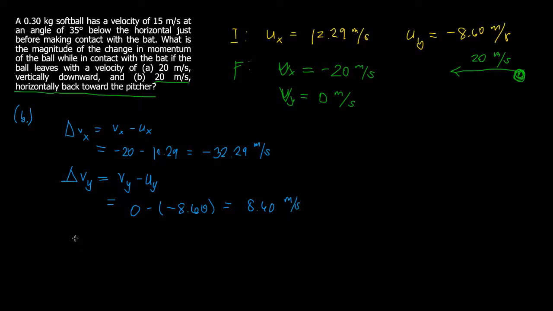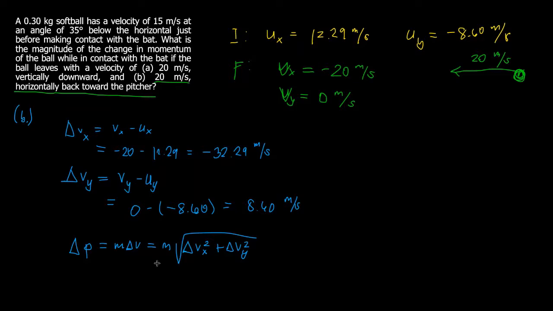And therefore, to find the change in momentum, we'll use the same equation, which is m delta v, which is equal to m times the sum of the squares of the components taken as square root.